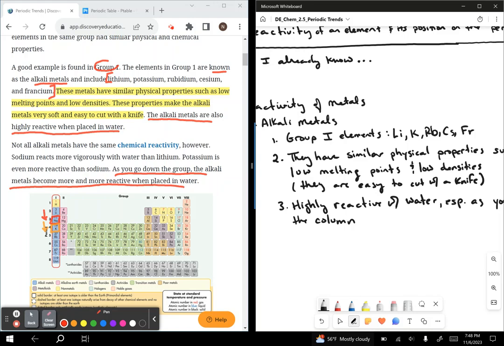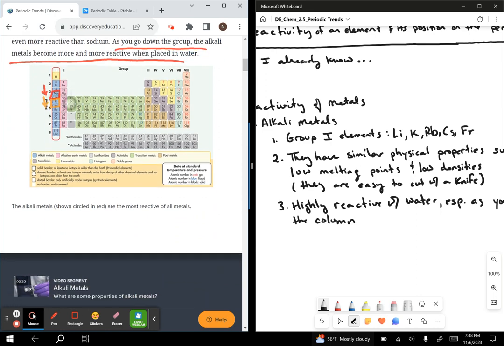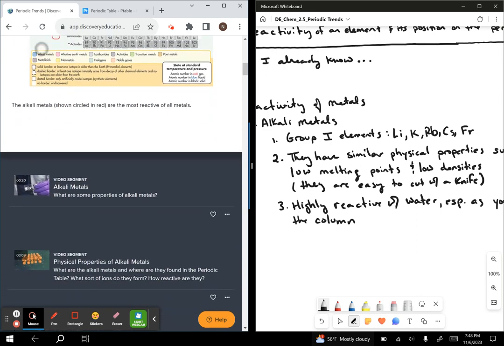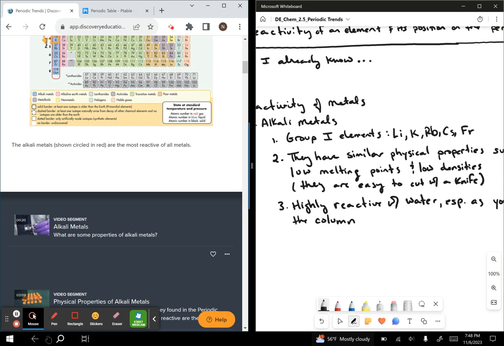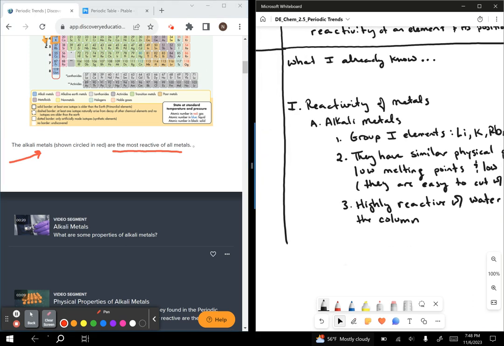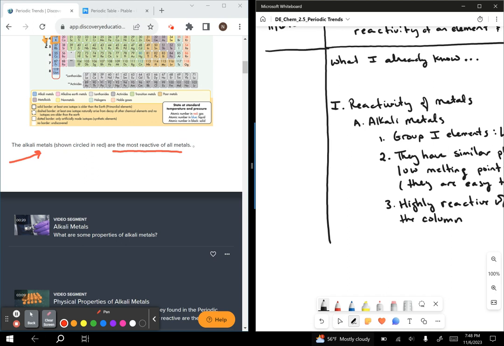And remember, we are trying to understand trends, and this text is explaining a particular trend. It says the alkali metals are the most reactive of all the metals. Maybe that's worth writing down here, a little side note: the most reactive of all metals.